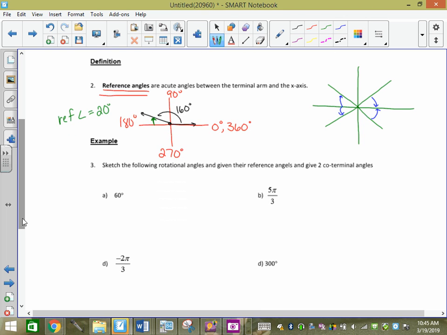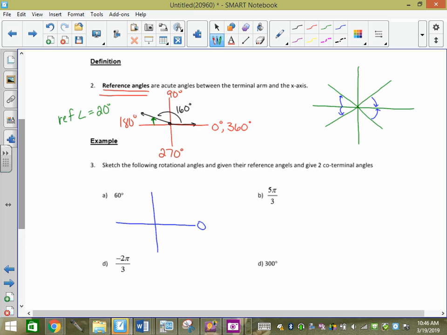So for each of these, first we're going to draw them, then we're going to do the reference angles, and then we'll do the coterminals after that. For right now, we're just going to do the reference angles. So 60. We're going to draw it first.